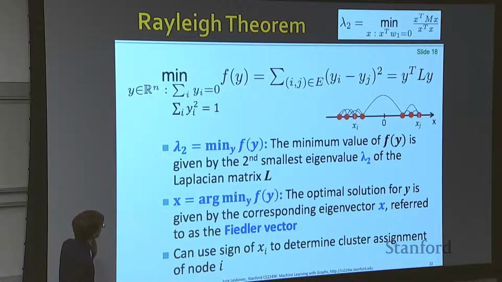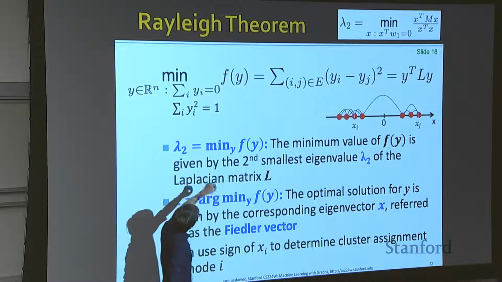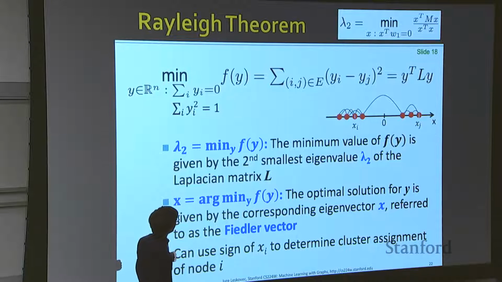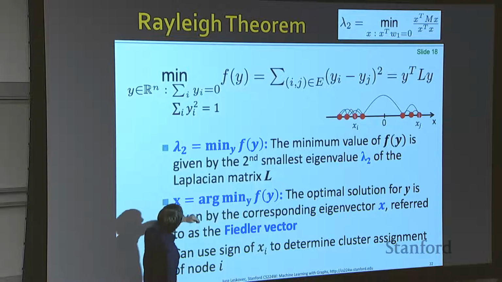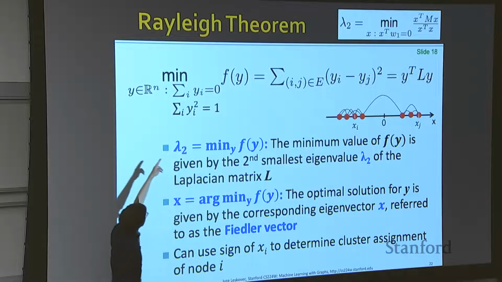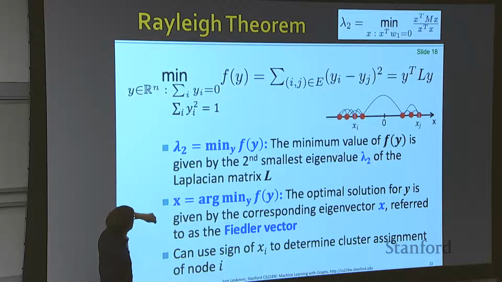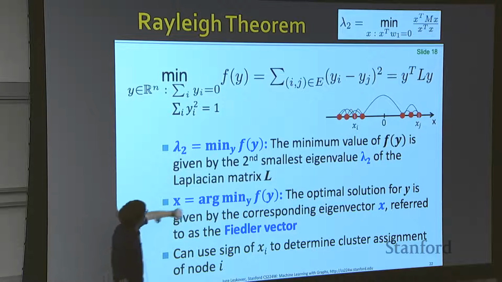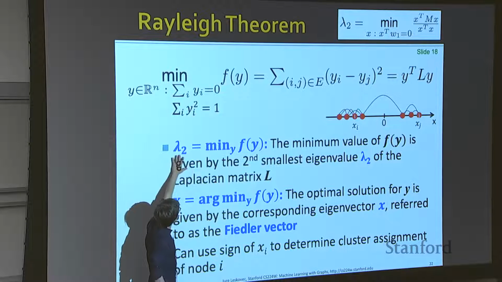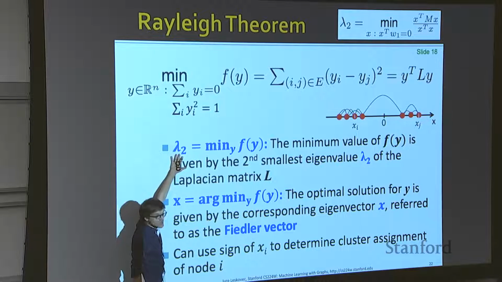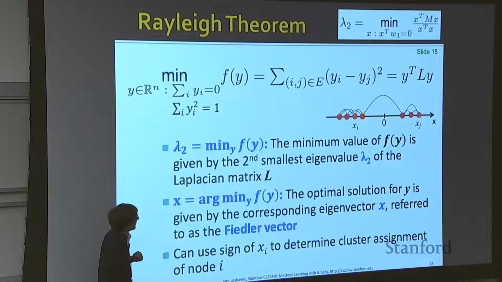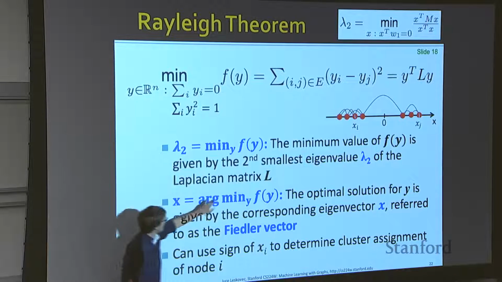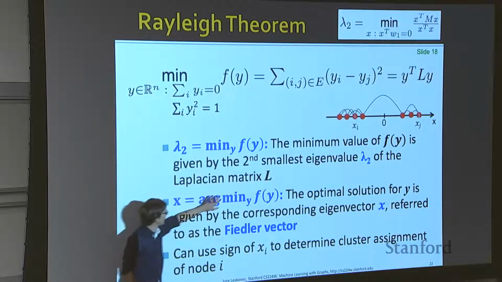What the Rayleigh Theorem says is that if you compute the expression we talked about before, and you enforce that the values of this vector y sum to 0, and that the vector y has Euclidean length 1, then the solution to this optimization problem is lambda, the value of the second smallest eigenvalue. So this means that the minimum value of this f of y is given by the second smallest eigenvalue of the graph Laplacian matrix L.